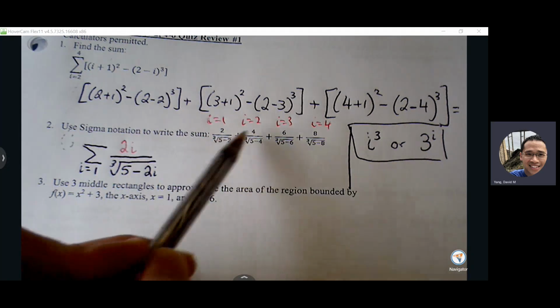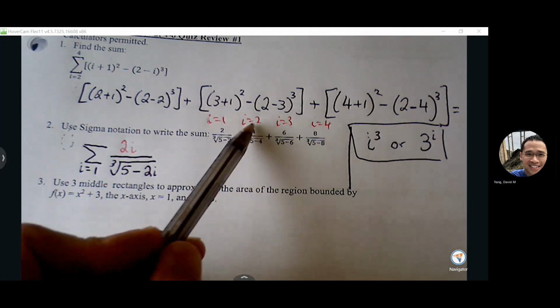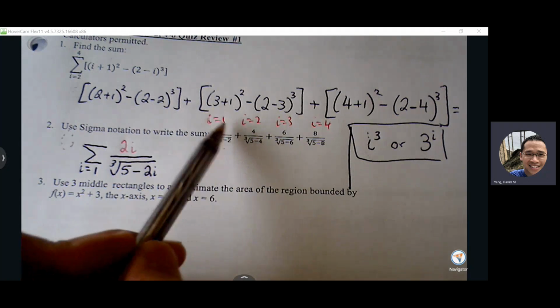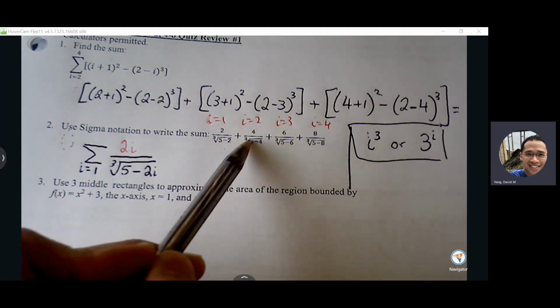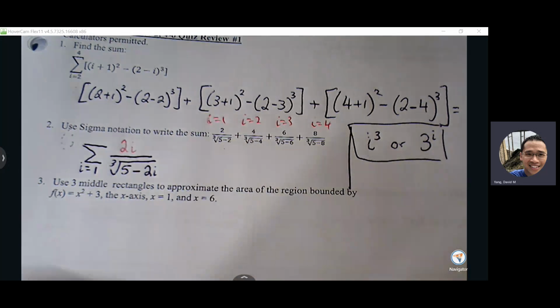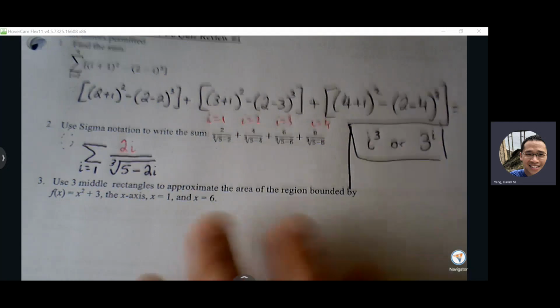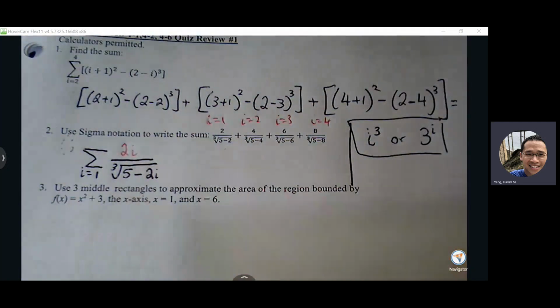I could, but then it feels messier, because if this is i equals 2, then this must be i equals 3. And if I want i equals 3 to give me 4, I'm going to have to do some more. It's going to take a little bit longer, right? So here's the thing, right?